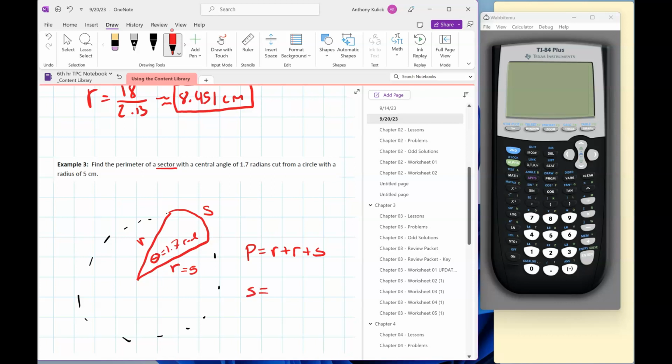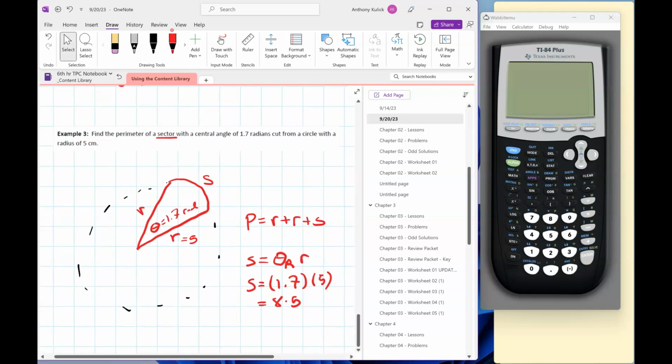Now, since our central angle is in radians, I'm just going to use the radian angle or arc length formula. So my perimeter then should be 5 plus 5 plus 8.5.